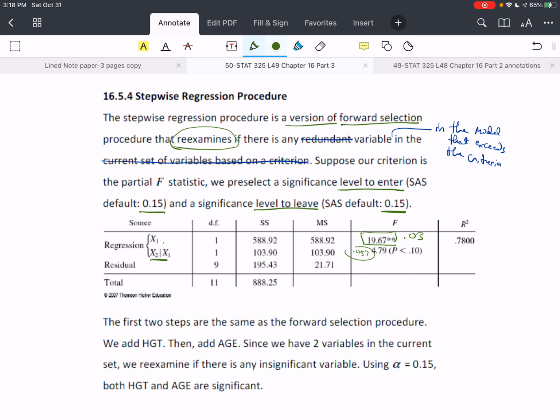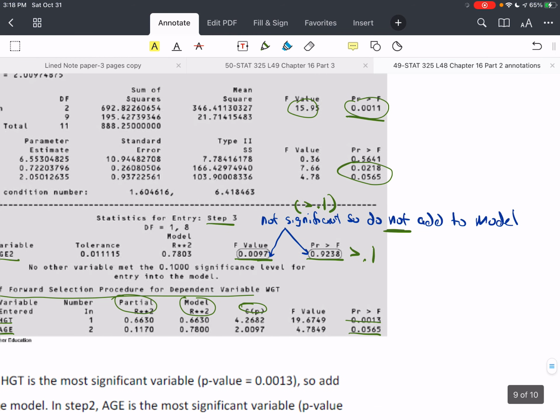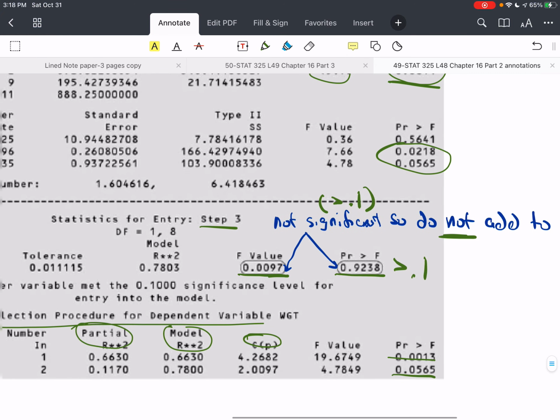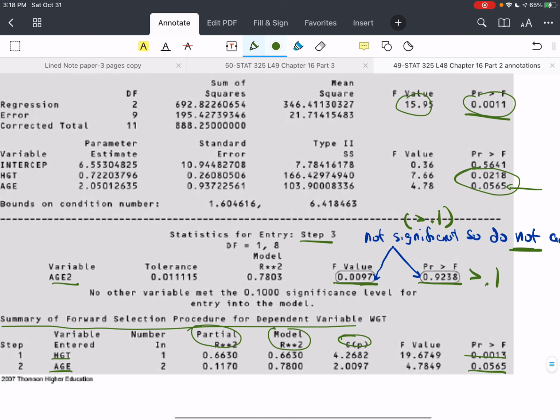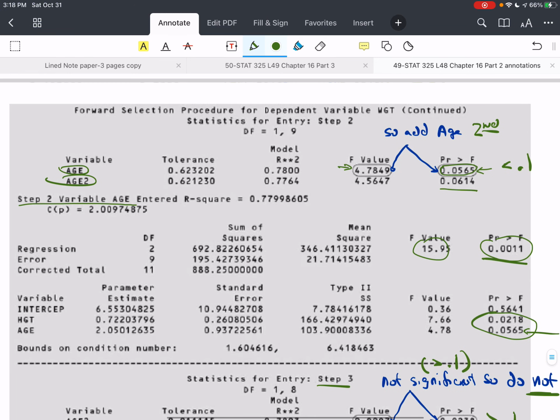And then when we look at the third step here, I want to point out again that up here, age squared was significant. It was fairly significant, 0.0565, is that right? Yeah, that's age, I'm sorry, not age squared. So when we look up here, age squared, 0.0614 was the p-value.